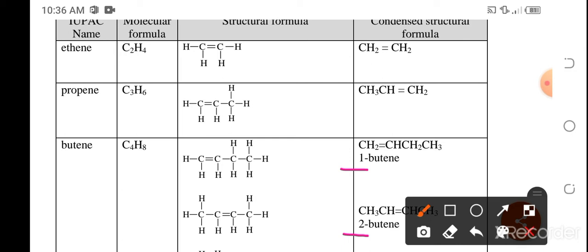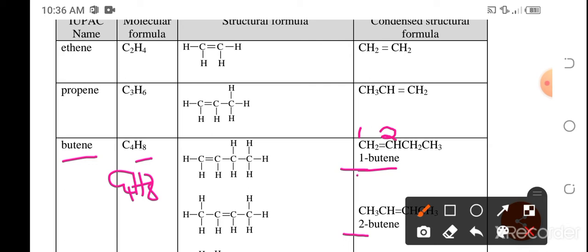So, butene will have 4 carbon atoms and 8 hydrogen. So, it could be 1-butene. The 1 represents the position of the carbon atom. Kasi kung titignan mo dito sa kanyang structure, the double bond is in between carbon 1 and 2.